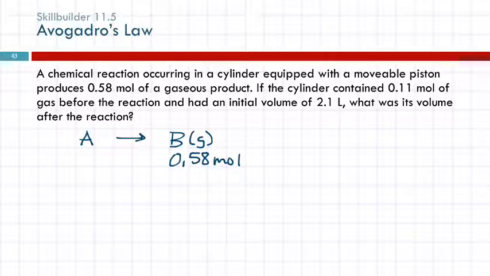So I would not give you this exact question because I think it's bad. It says it has 0.11 moles of gas before the reaction, and it produces 0.58 moles of a product. It doesn't say that this is the reactant and it's disappearing, so we're not going to assume that.